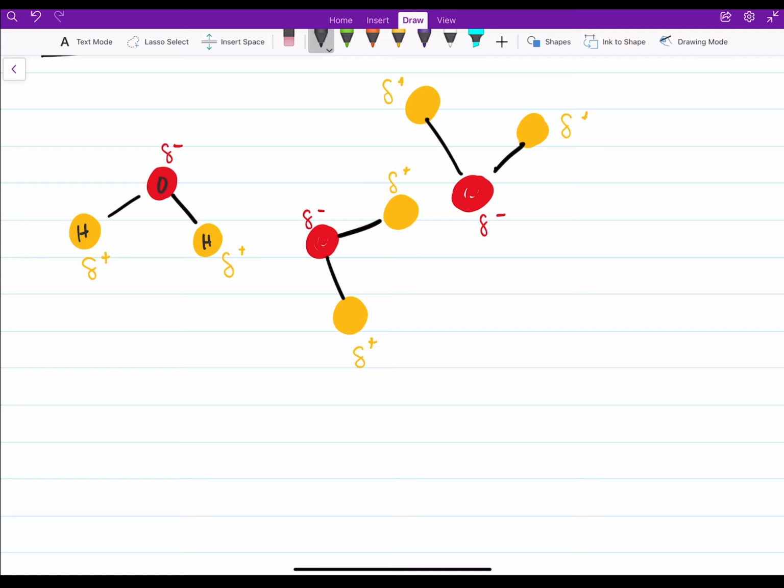So when we have all of these partial positive and partial negative charges involved, we're going to see some interactions, because there's a good chance that this hydrogen here is going to be next to an oxygen over here. This hydrogen has a positive charge and this oxygen is negative. And you guys know that opposite charges attract. So we're going to see some interesting things happening. This is where we're about to head next in this unit, looking at these interactions together. What happens when we have a bunch of polar molecules together? How do they interact?